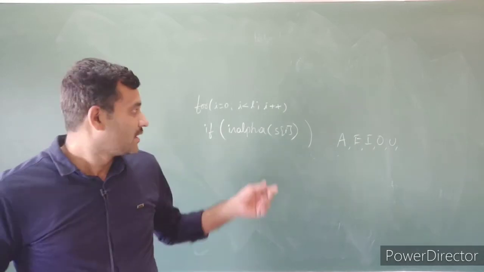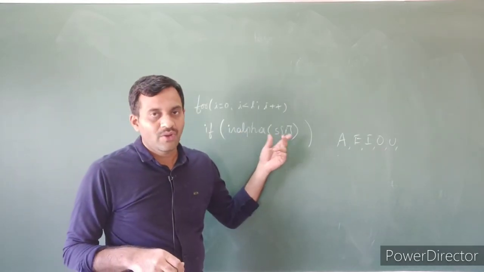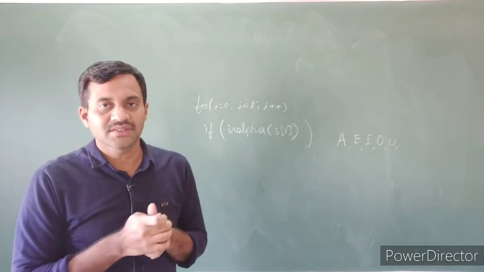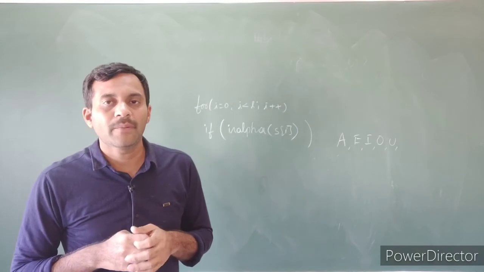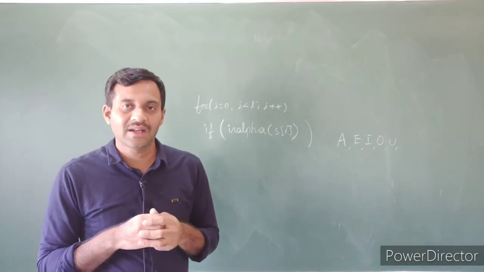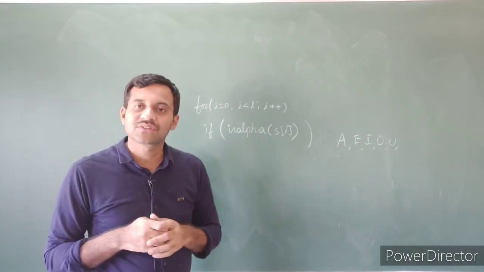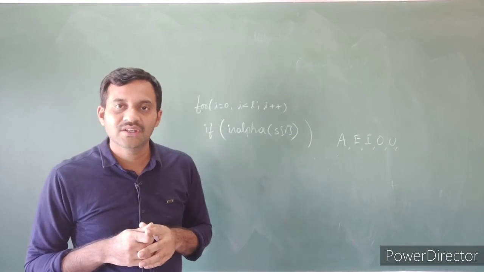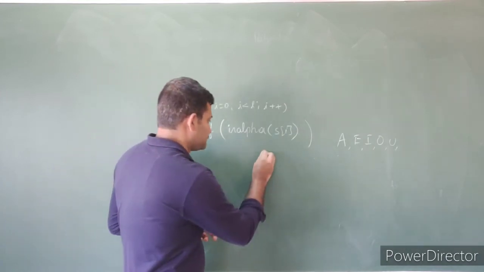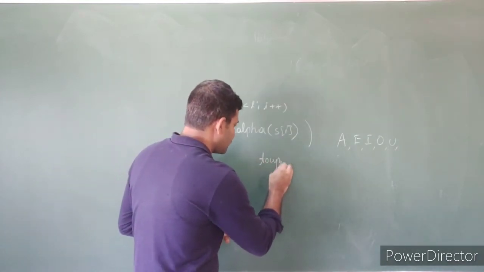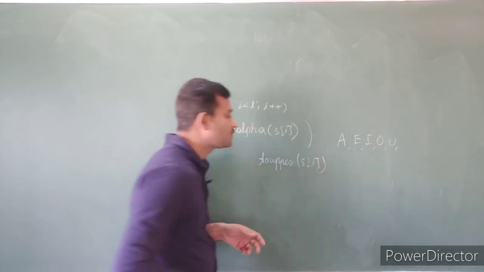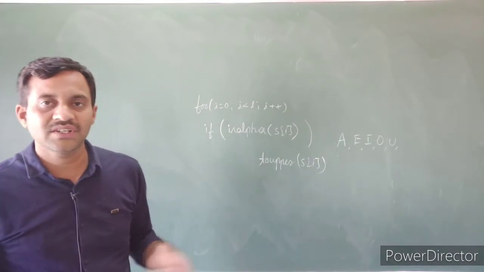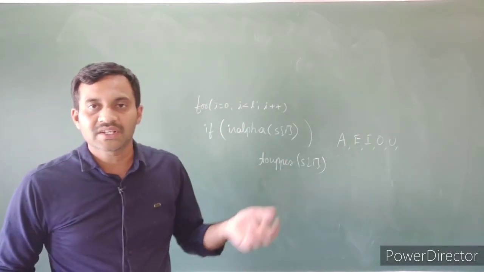For that, after reading the character, we have to convert it to uppercase. How to convert to uppercase? There is a function toupper in the character handling functions. isalpha also belongs to character handling. toupper of s of i changes every character to uppercase.